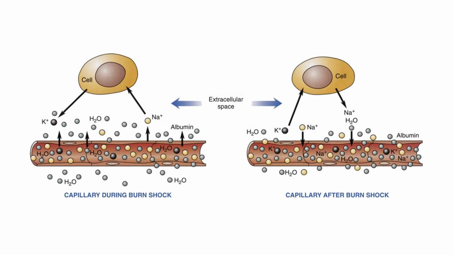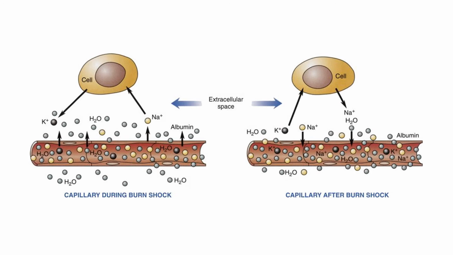So due to decreased blood volume, because the fluid is shifting out from the vascular space, what blood level would be elevated? Hematocrit. The hematocrit is going to be elevated in patients going through capillary leak during burn shock, okay?